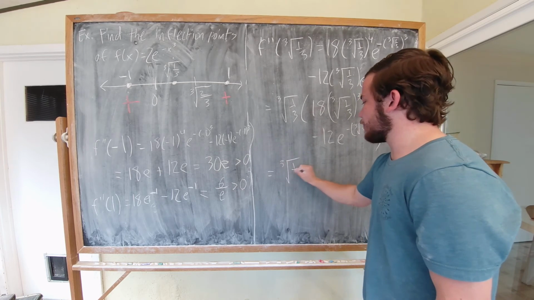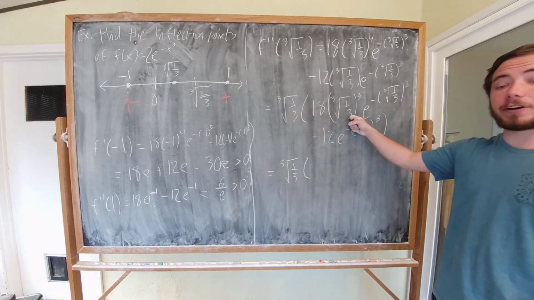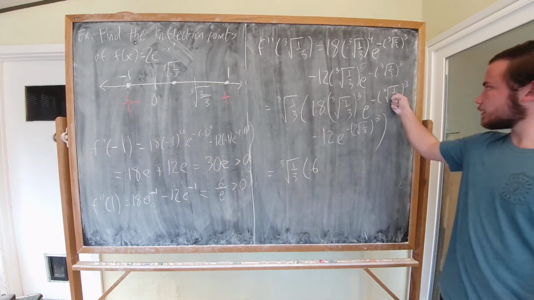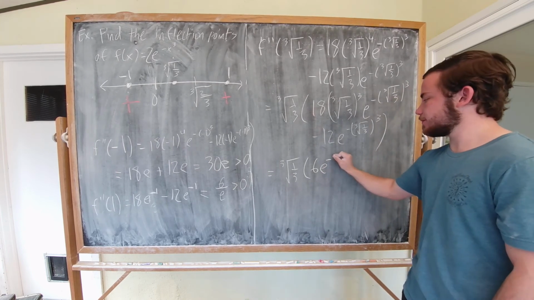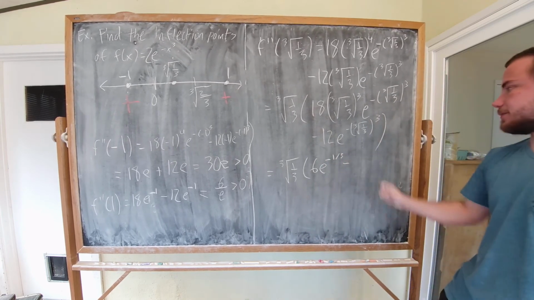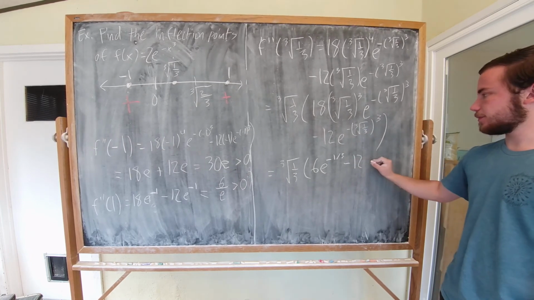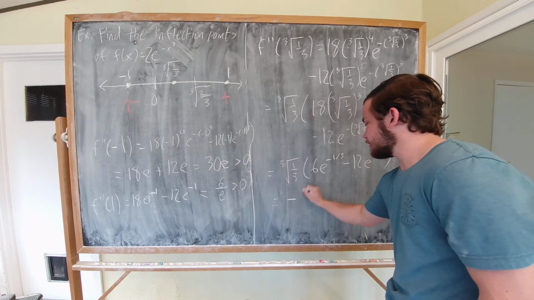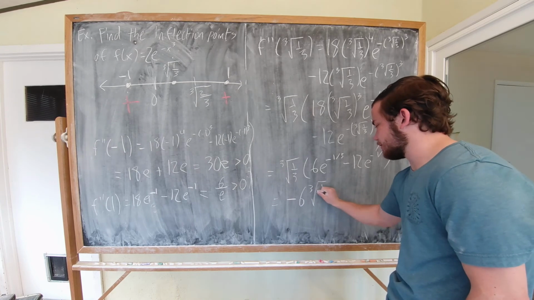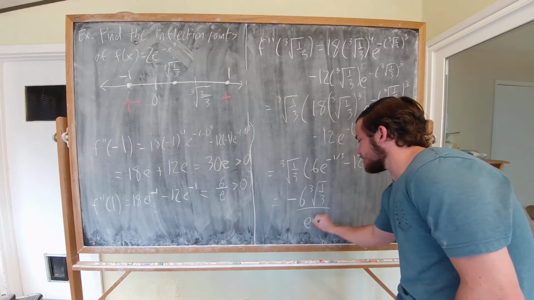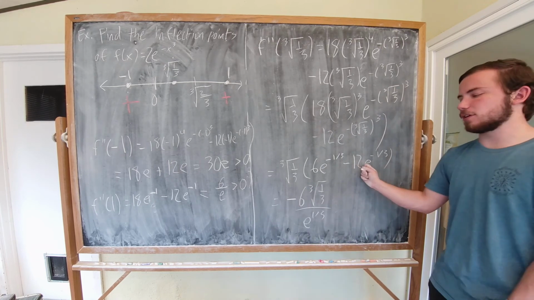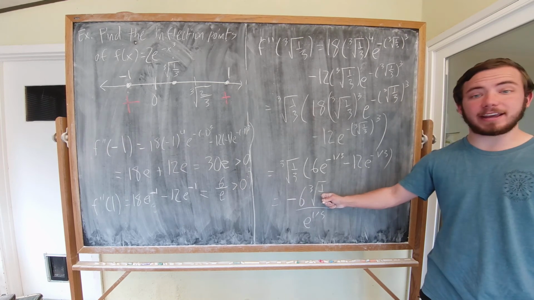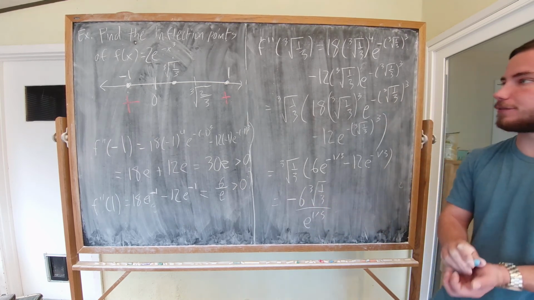Well, the cube root of 1/3 times cube root of 1/3 cubed is just 1/3. 1/3 times 18 is 6. E to the negative 1/3 minus 12. E to the negative 1/3. So we'll be left with negative 6 cube root of 1/3 divided by e to the 1/3. 6 minus 12 is negative 6, everything else is just multiplying out. Negative times positive is negative, divided by positive is still negative.